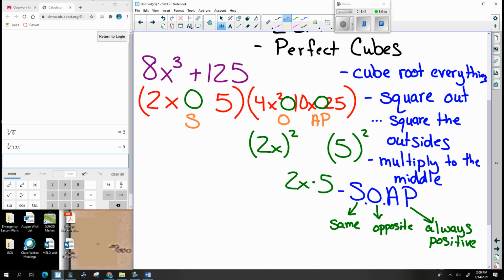So the first symbol is going to be the same. It's going to be a plus. The next one is going to be opposite of that. So that's going to be a minus. The last symbol is always positive. Plus. And that is how you do cubes.